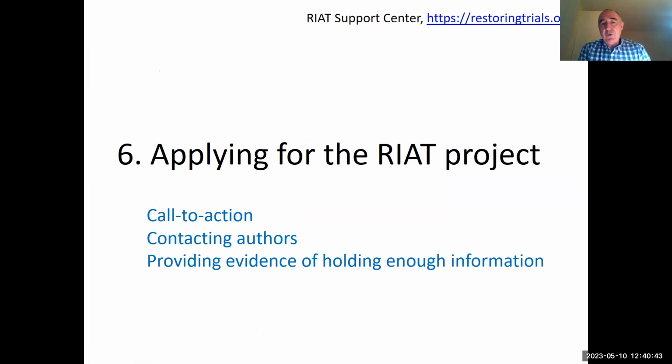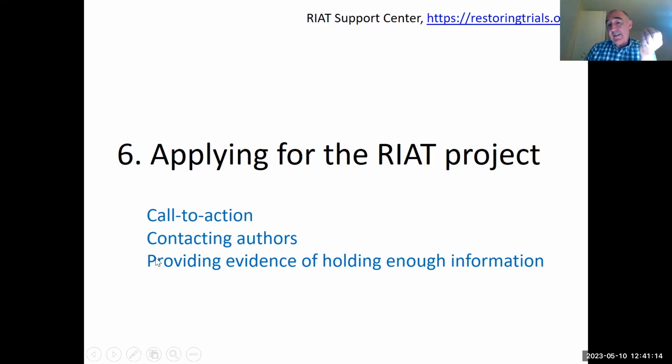And what should you do if you want to apply for a RIAT project? Well, first, you must fill in a call to action. That means you should write to the British Medical Journal and say that you want to restore this trial because of this and that. And you explain very shortly your protocol and whatever you want to do.